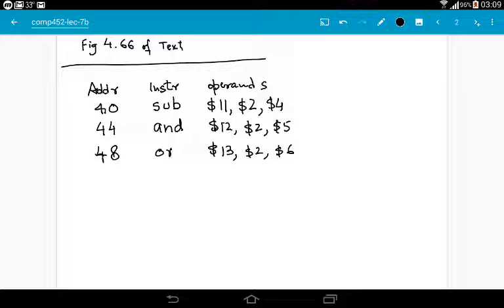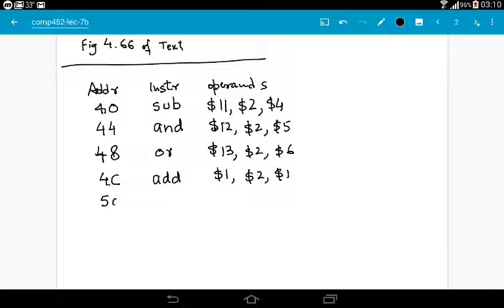The next address has add instruction, which is 1, 2, 1.